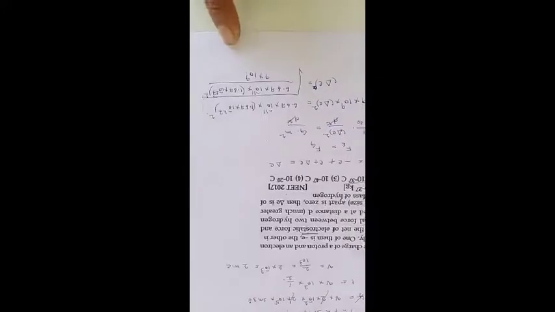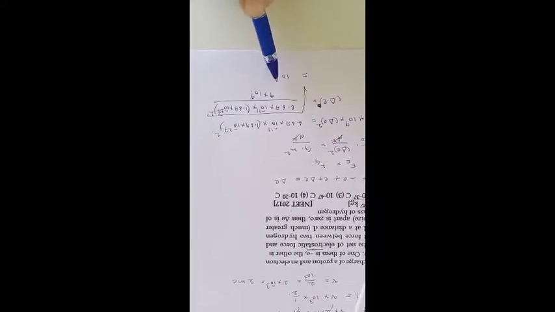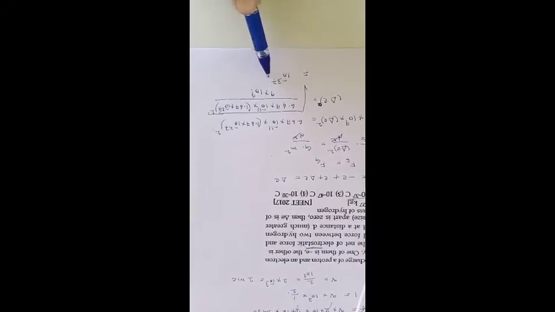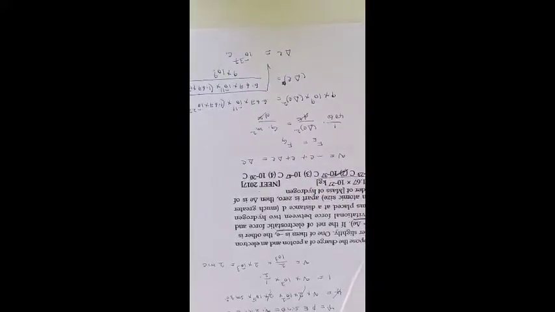If we calculate this, finally this value is in the order of 10^-37 coulomb. Do the calculation, don't hesitate to calculate. Then delta E value will be equal to 10^-37 coulombs. Clear?